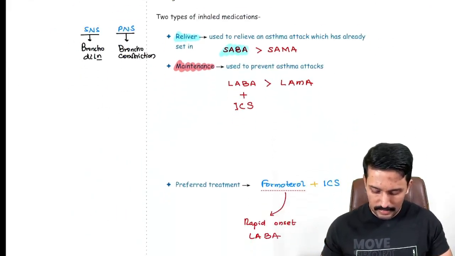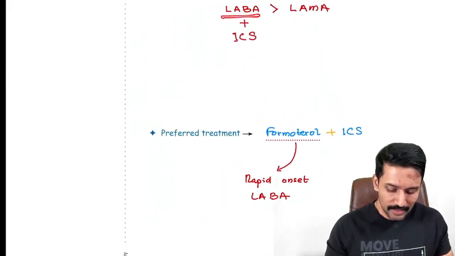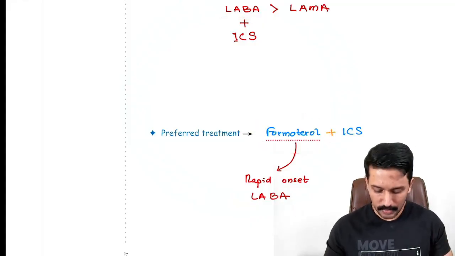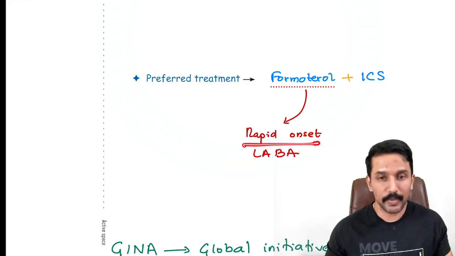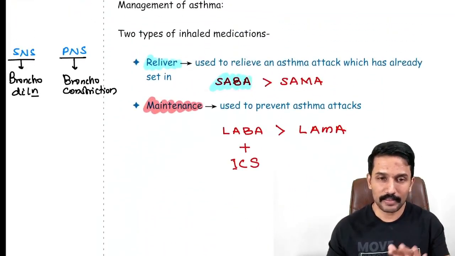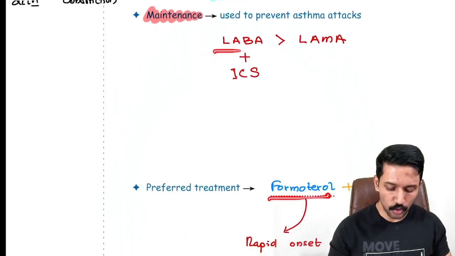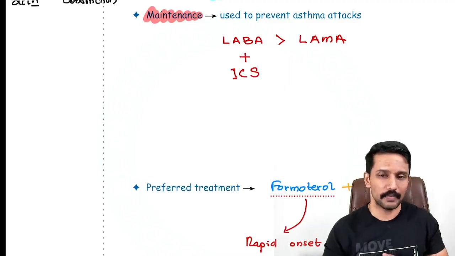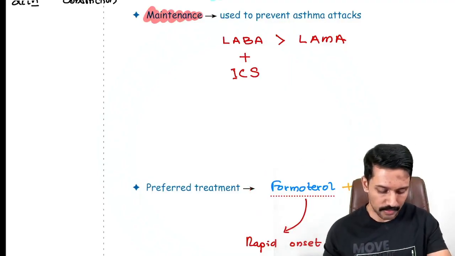But what guidelines say is, when you are choosing LABA, preferably choose formoterol, because formoterol has an added advantage of rapid onset of action. So it gives you the benefit of SABA as the reliever, and at the same time, it can do the job of LABA because it is long acting. So it does the maintenance as well as relief, and that's why it is now the preferred treatment.